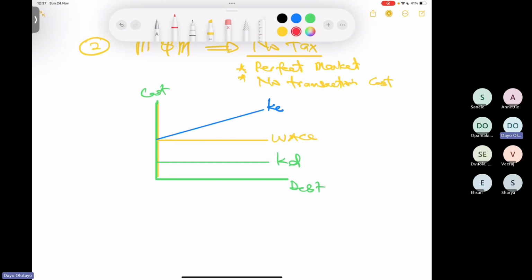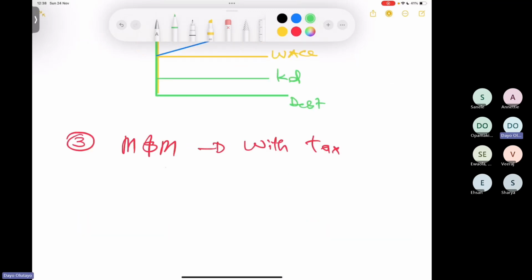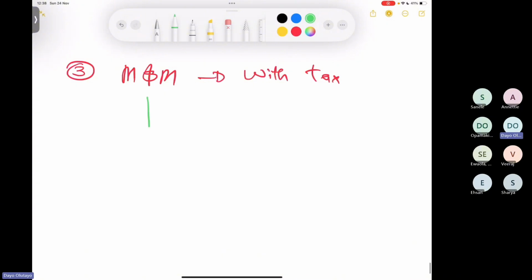But it didn't take them so long to wake up to their stupidity and say, no, there's a tax benefit. So they came up with another theory, which is M&M with tax. But you need to know the three theories. And what is the difference? Now, they woke up and they even woke up too much. They said debt, yes.